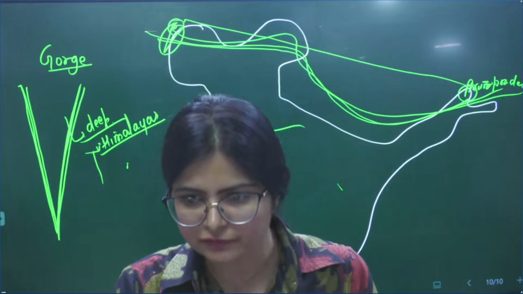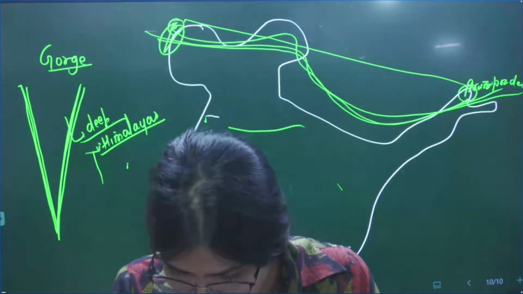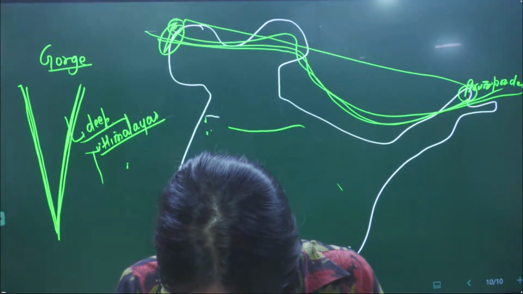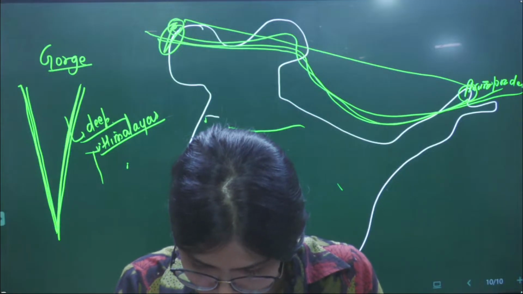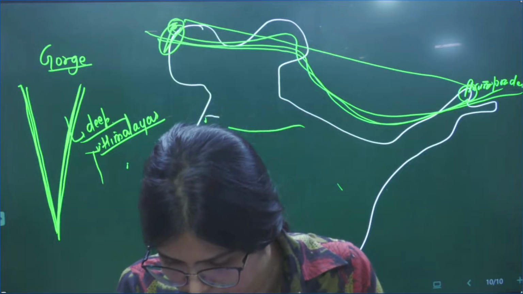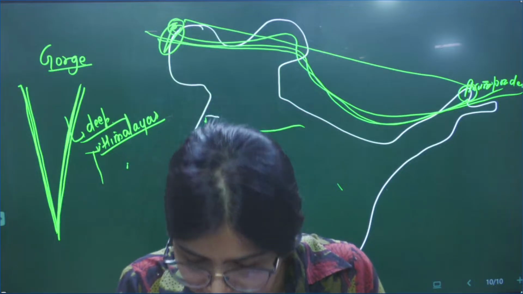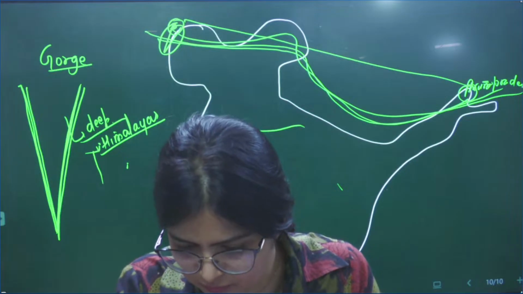So it is a part of the Great Himalayas only. Great Himalayas is a range. Mount Everest is one of the mountains of the Great Himalayas. There is a difference between both of them.